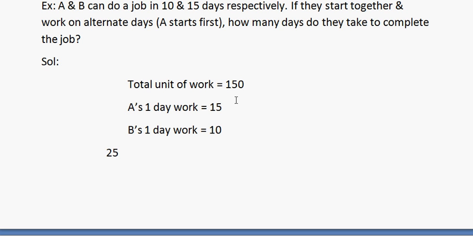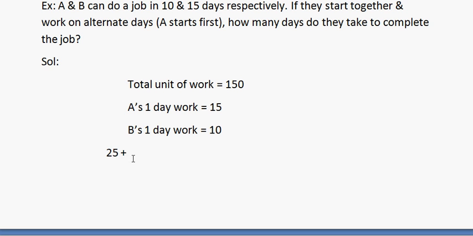So on the first day A would complete 15, on the second day B would complete 10, right? So by the second day 25 units are completed, by the fourth day another 25 are completed, so similarly in each pair of 2 days 25 are completed.